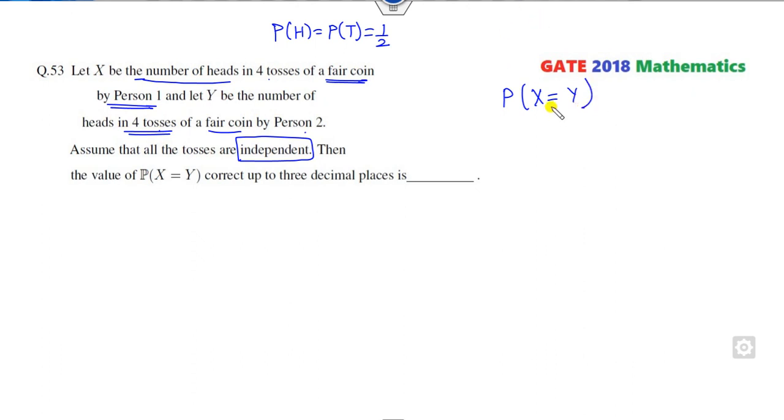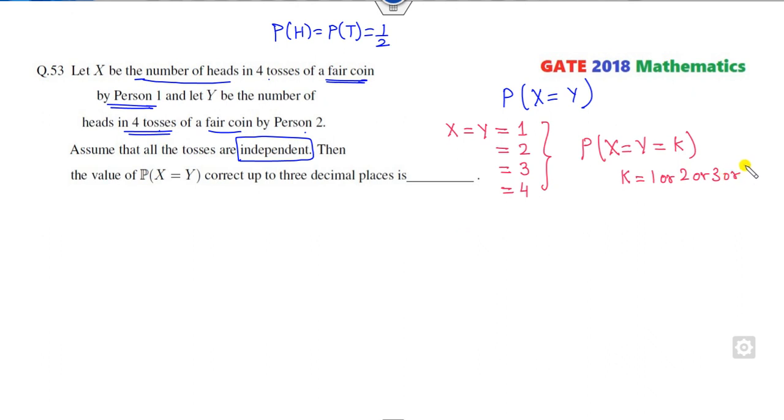Very simple. Firstly, think about when x will be equal to y. So either both are the same, equal to 1, both are 2, both are 3, or both are 4. Fine. So I can write this as x is equal to y is equal to k, where k is either 1 or 2 or 3 or 4.